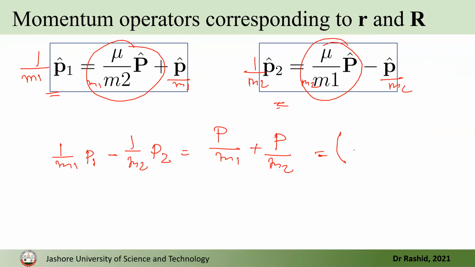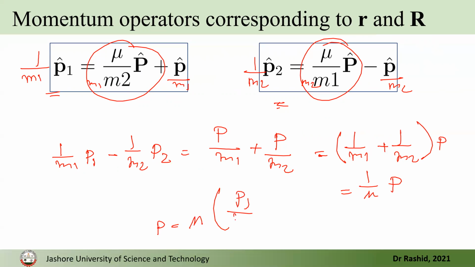When I subtract, we have 1 by M1 plus 1 by M2 small p, but this is nothing but 1 by mu, so p. Now we can write small p equals, we multiply by mu here, mu times P1 by M1 minus P2 by M2.